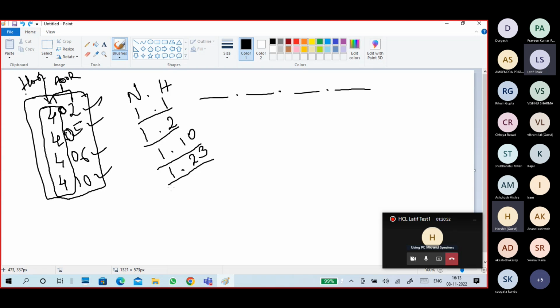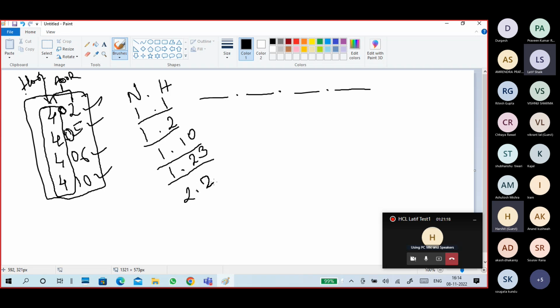Of course, host is an identity. So like as I said, a door number or a roll number. Roll number is also an identity, right? So like that, this host number is the identification of a device, and the network number represents the identification of the network. So same network means the network must be the same.